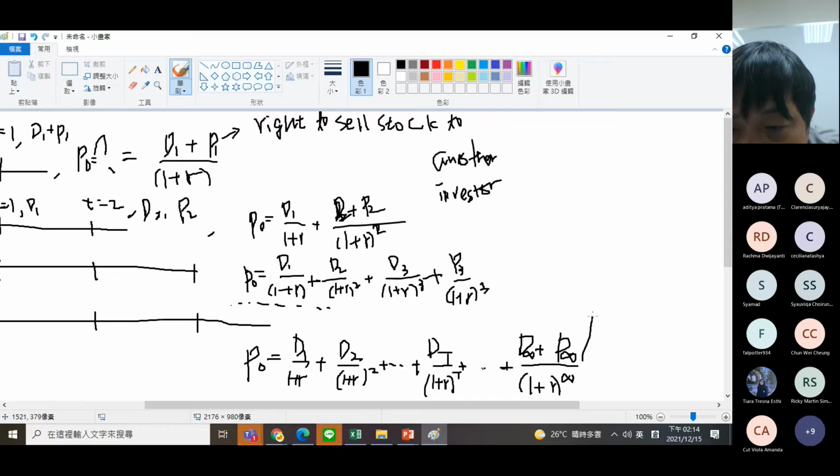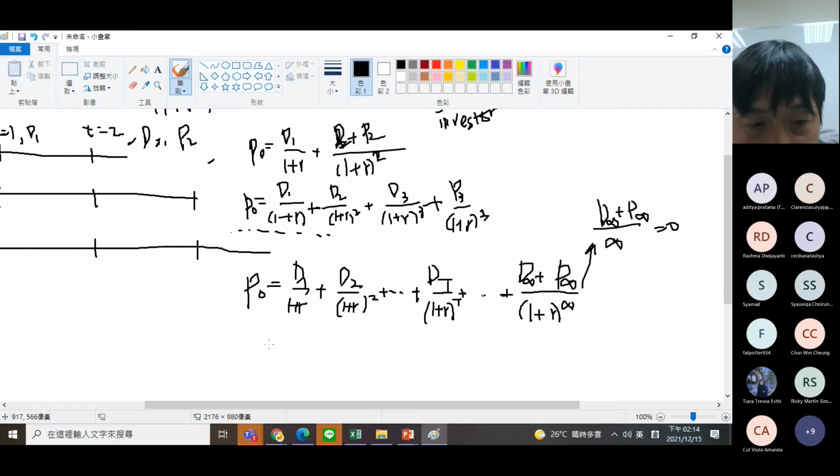And we know this goes to a finite number, so it tends to zero.